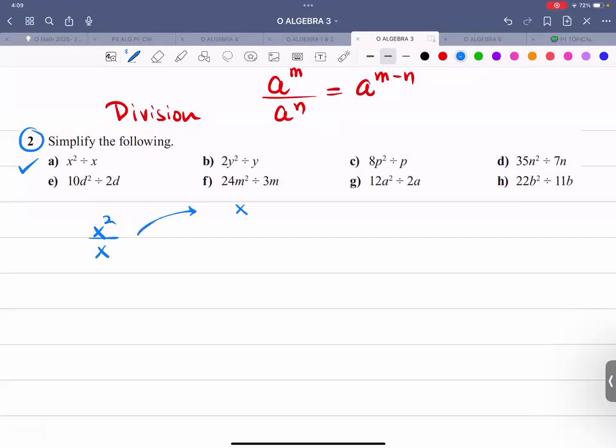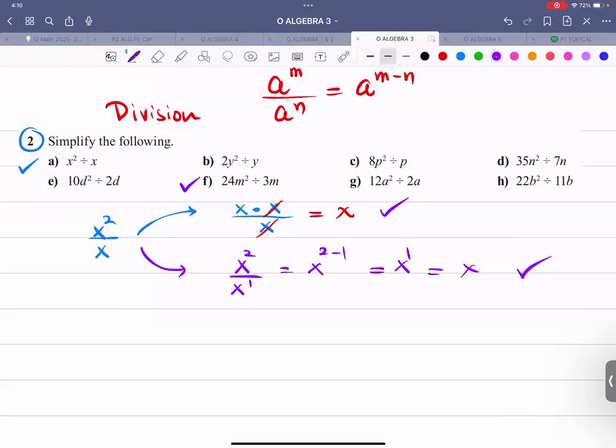Method 1, x squared is x into x over x. Cancel out the x, you are left with an x. That's one approach. The other approach, x squared over x power 1, which is x power 2 minus 1, which is x power 1, which is x. So this is using indices. Technically, indices is part of algebra, but just a different perspective.